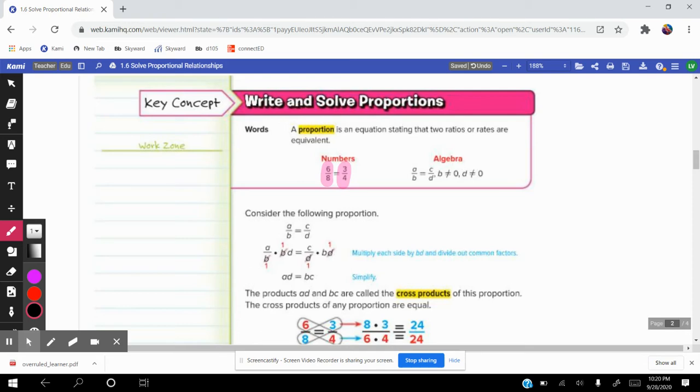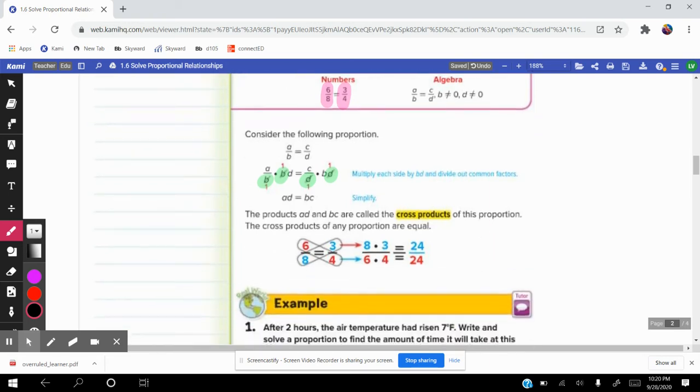So when we're doing that, this B in the numerator and that B in the denominator simplify down to 1 on the left side. And we multiply by BD on the right side, the D's simplify to 1. So you're left with AD equals BC through simplifying. The products AD and BC are called the cross products of this proportion.